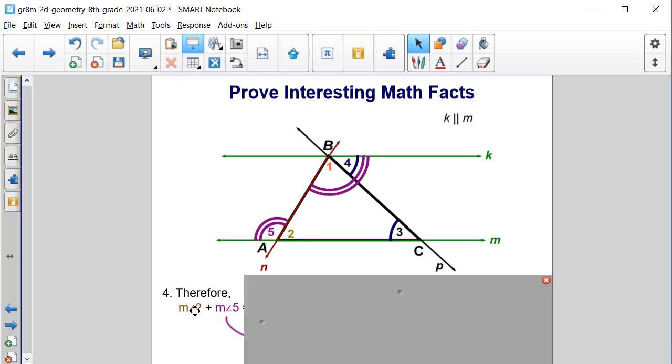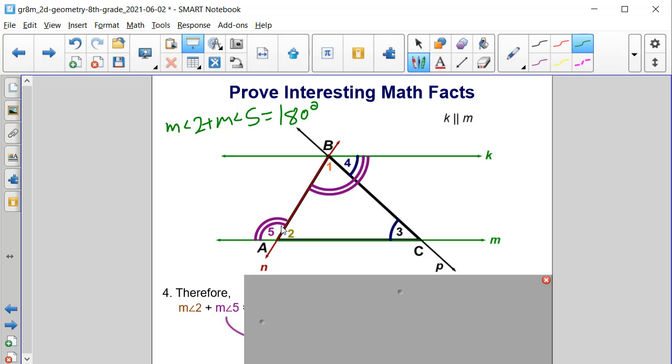So we can add up angle 2 and angle 5 and set it equal to 180 degrees, because together they are supplementary angles that form a straight angle.